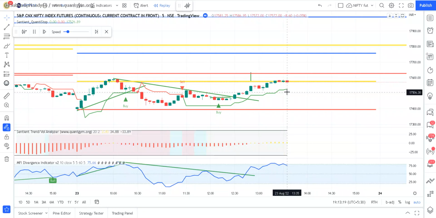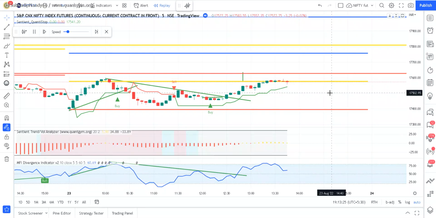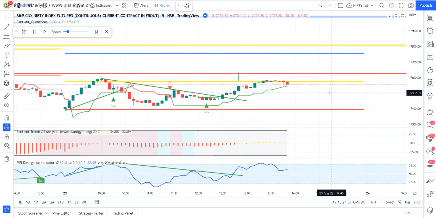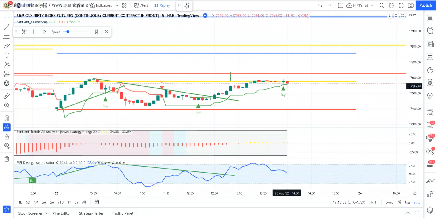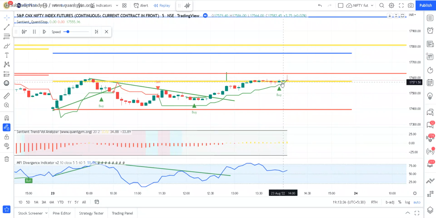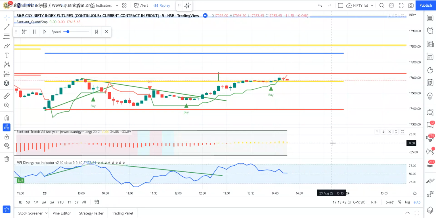Move the rest according to your stop loss and let us wait. You have to just keep belief on your stop loss that if it closes below this, I will get out of that trade. Now here another buy comes. Just hold on for a second.